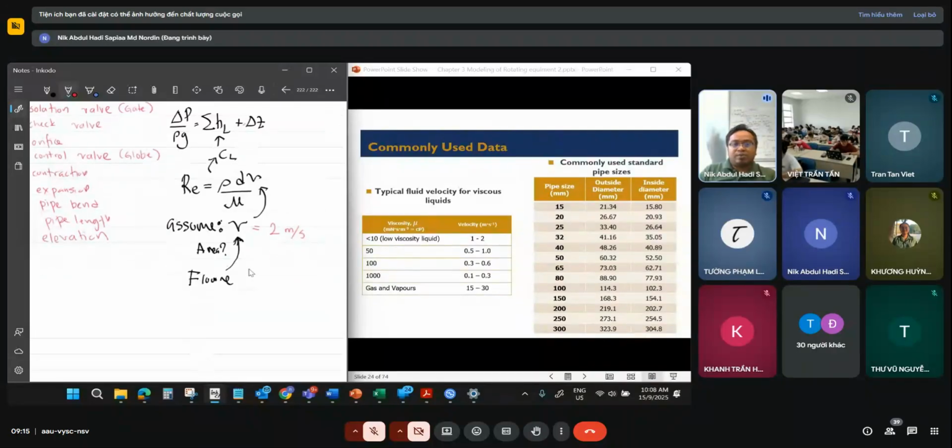Once we assume 2 meter per second, we have Q or flow rate F equal to the velocity multiplied by the area. So flow equals velocity multiplied by cross-sectional area.